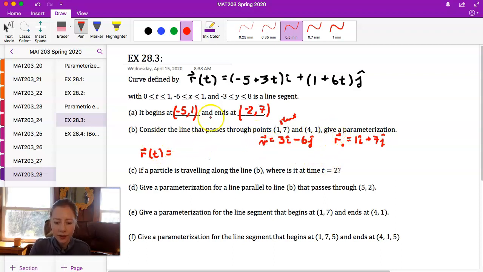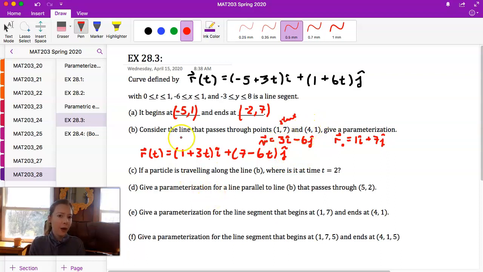So let's do this. It's going to be 1 plus 3t i hat plus 7 minus 6t j hat. Okay, so it passes through 1, 7 and along the vector 3i hat minus 6j hat.